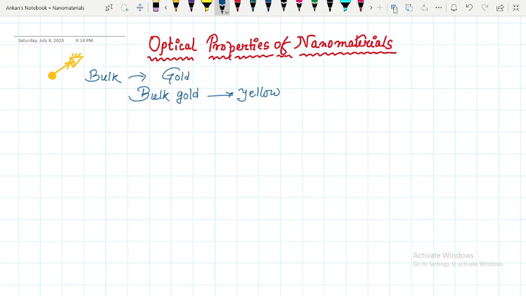But when you reduce the size of the gold to the order of 30 nanometers, you will notice that gold of this size reflects red light.